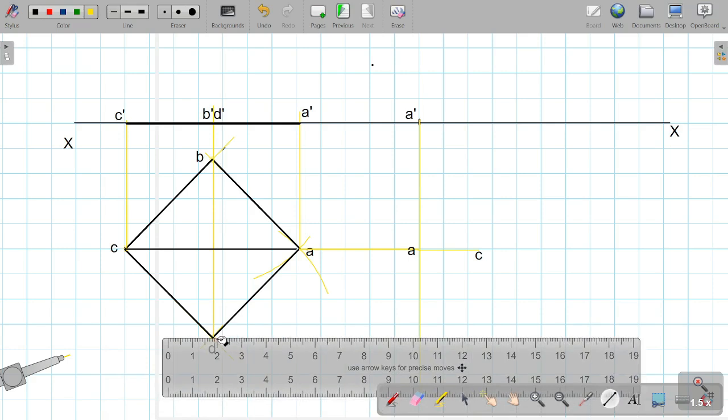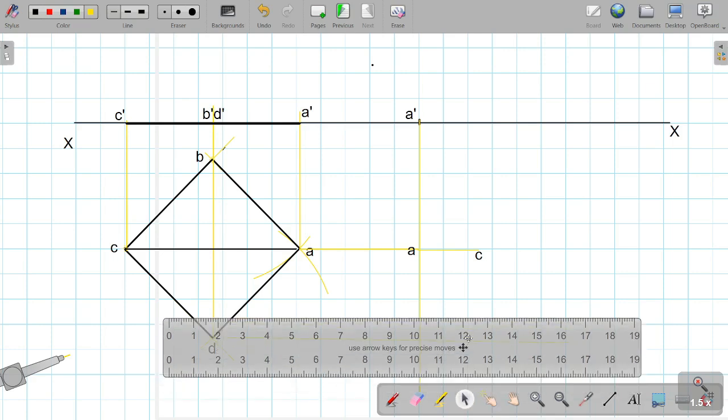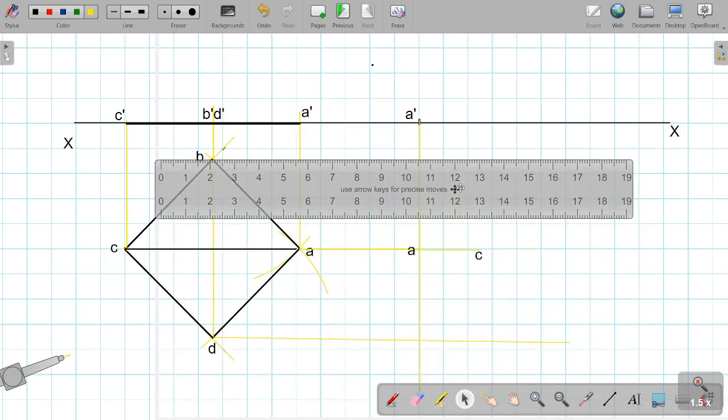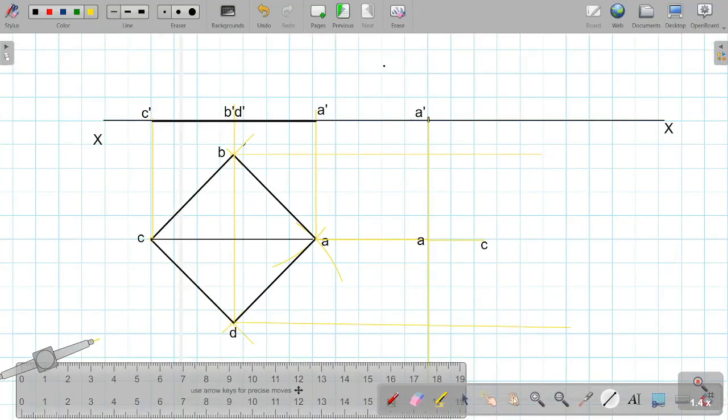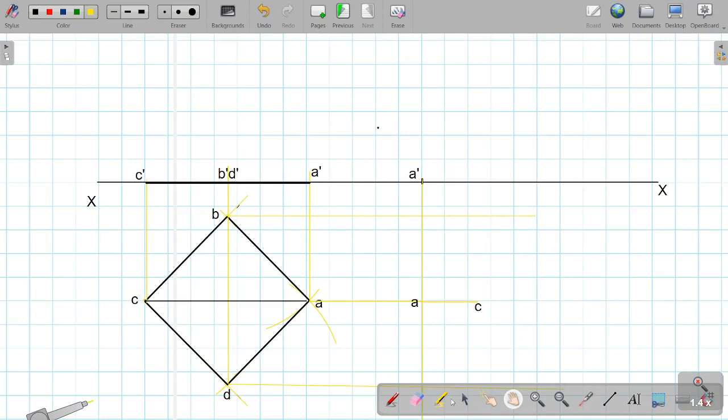So this is the projection from point D. And this is the projection from point B. Now as we have got point C, the projector from point C can be taken up. Now this is the projector of point C.